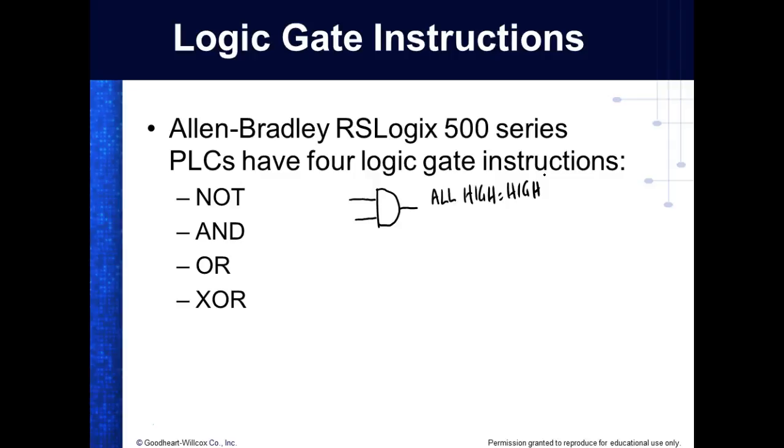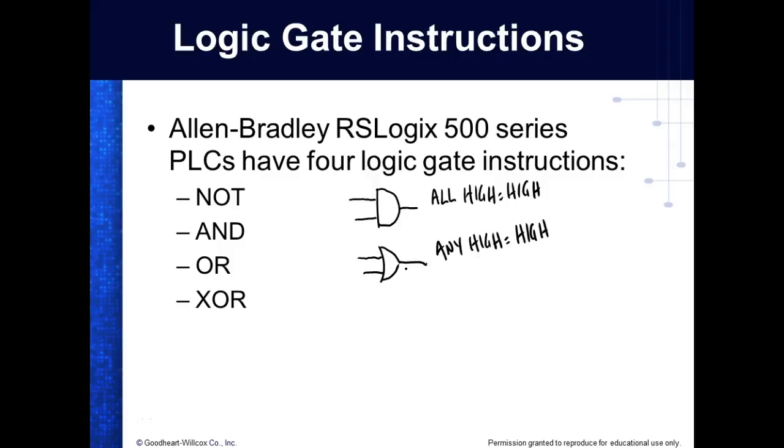The OR symbol, and of course the term we use here is any high or any true equals a high. And we don't have a term for an exclusive OR.